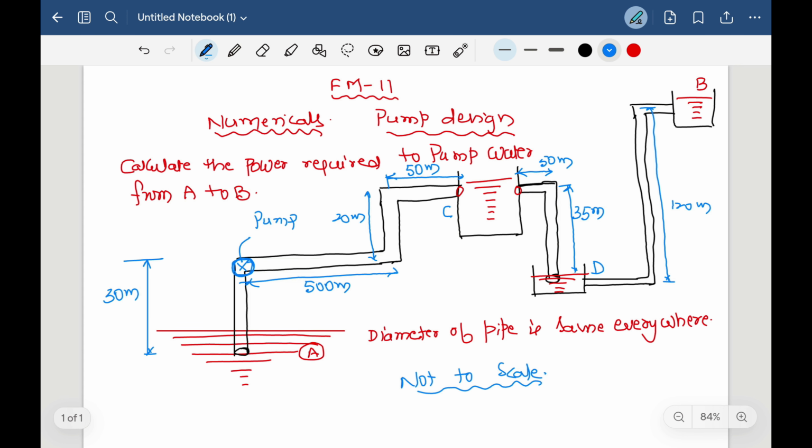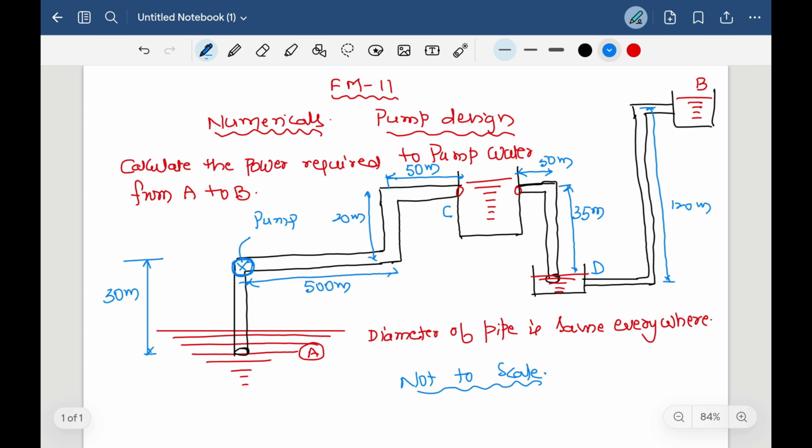A is below ground, where groundwater is there, and at a height of 30 meters one pump is fixed. After that, for 500 meters, the pipe goes half a kilometer. Again there is an elevation of the pipe of about 20 meters, and it is connected to a reservoir after a 50 meter connection.